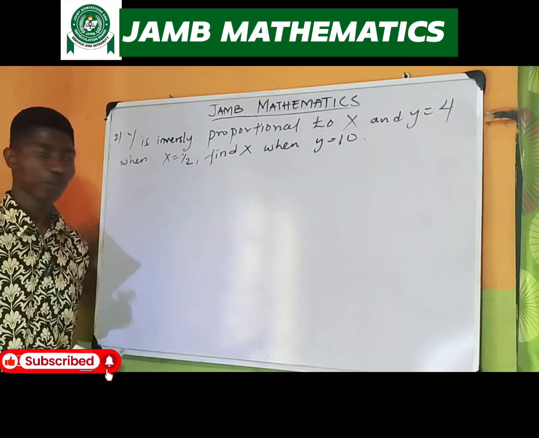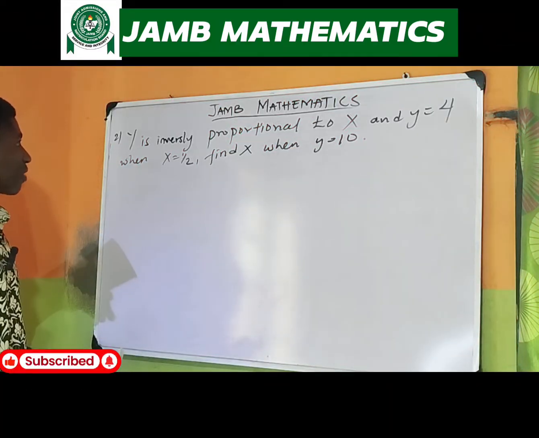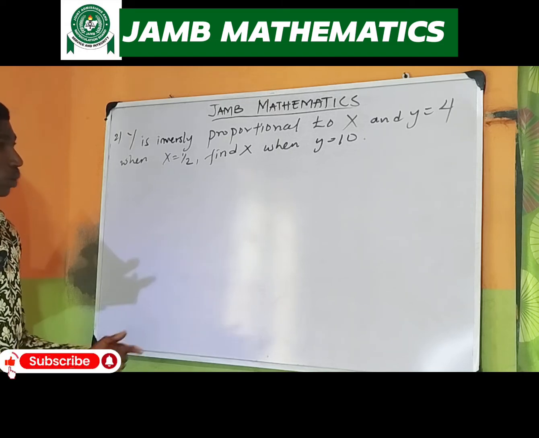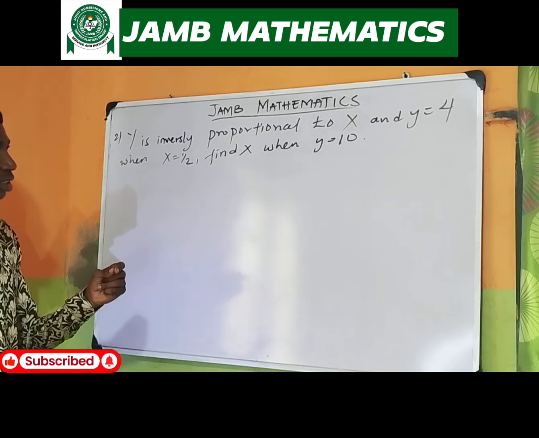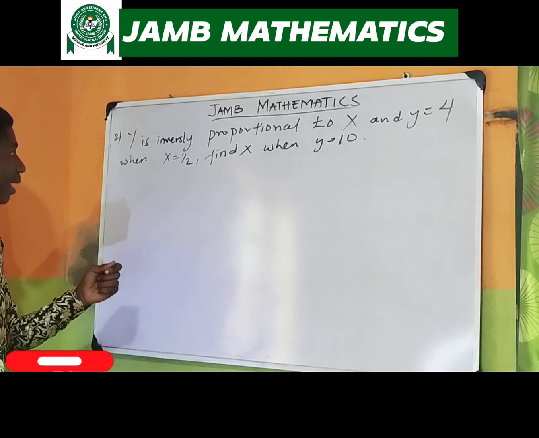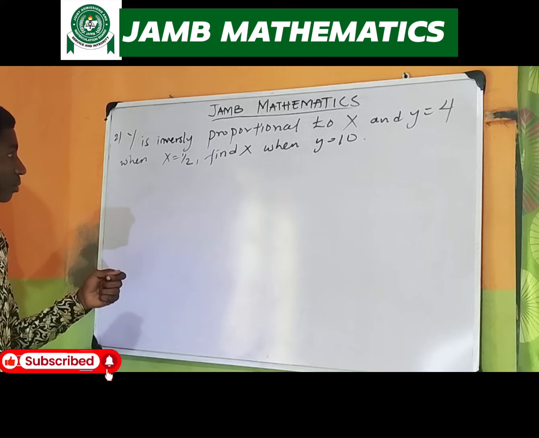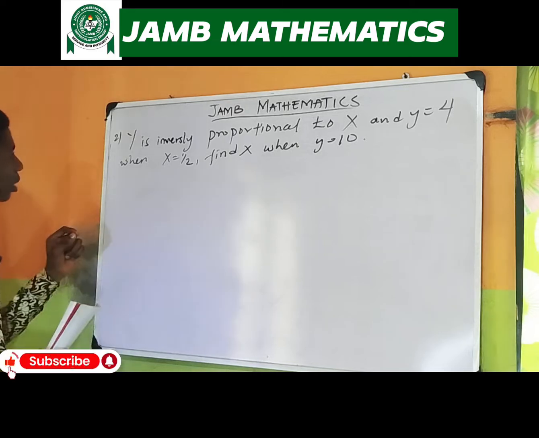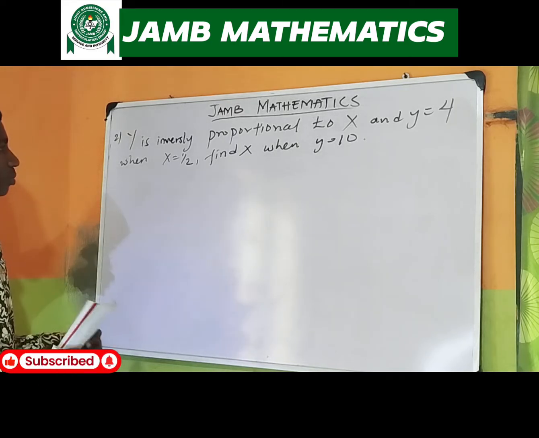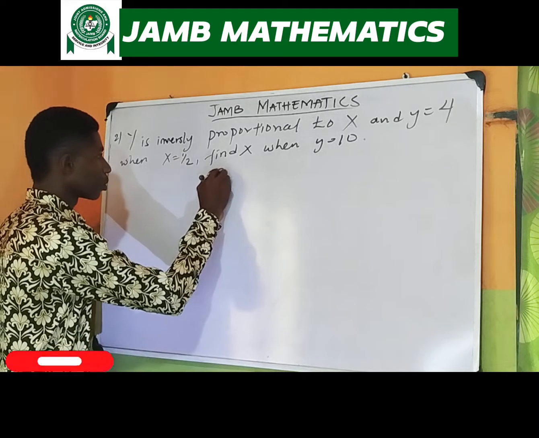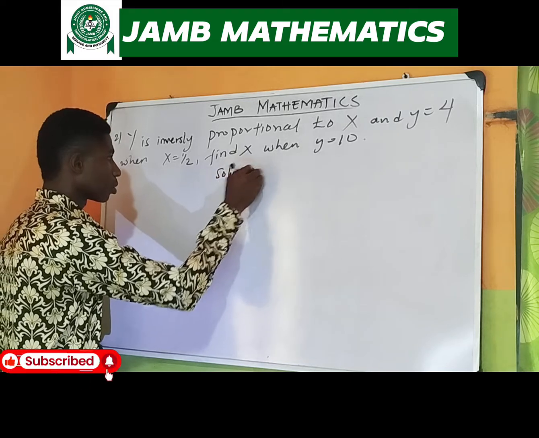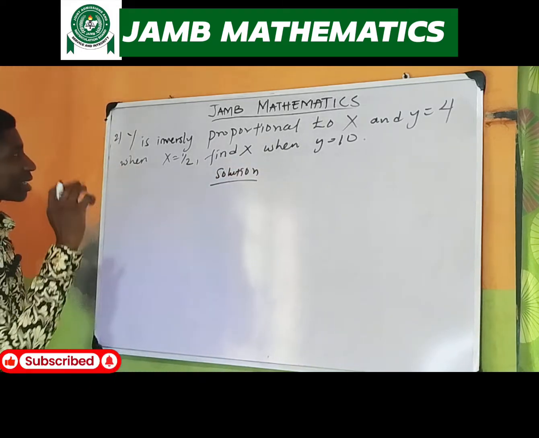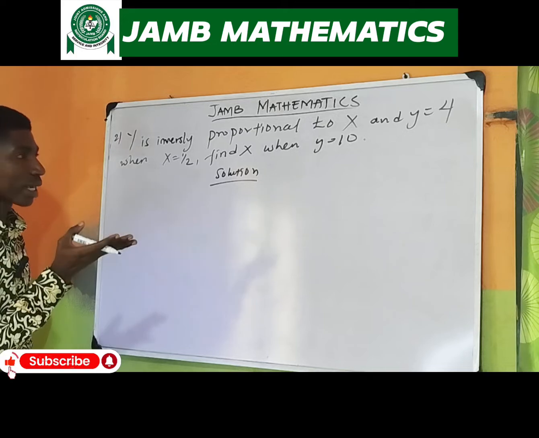Now, our second question. Y is inversely proportional to x, and y is equal to 4 when x is equal to half. Find x when y is equal to 10. Let's solve this question bit by bit. So, solution. Y is inversely proportional to x.